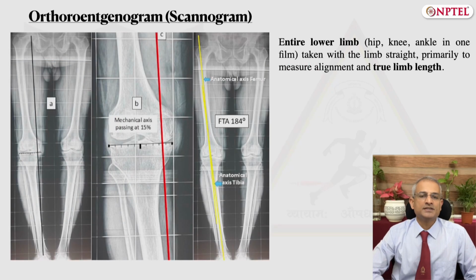The next investigation that is commonly done in sports injuries is called orthoroentgenogram or a scanogram. This is basically a long leg radiograph which covers all the three joints of the lower limb, that is the hip, knee and the ankle, and is done in a standing position.